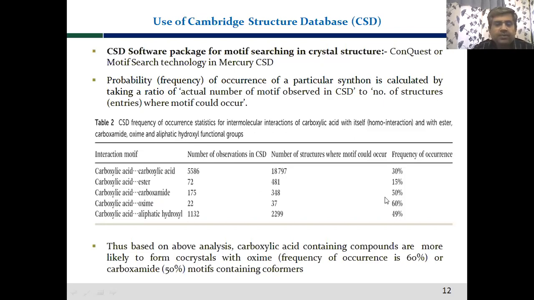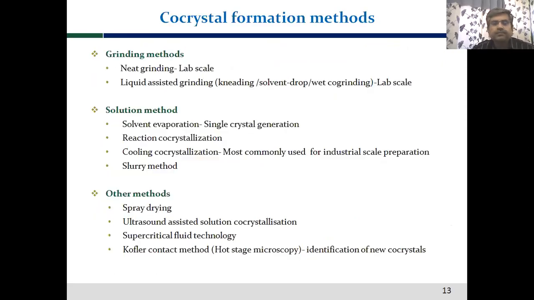But if you pick up for a carboxylic acid a co-former that also has a carboxylic acid, then the probability of occurrence is only 30%. So that's the second way, apart from the delta pKa rule, which can be used to choose the co-formers for the formation of the co-crystals.